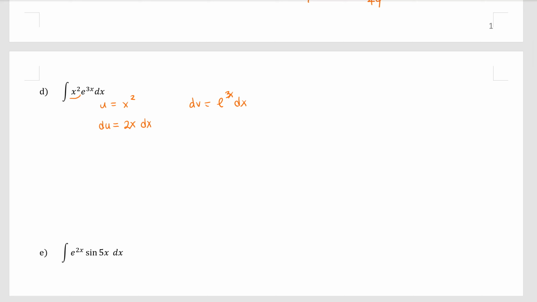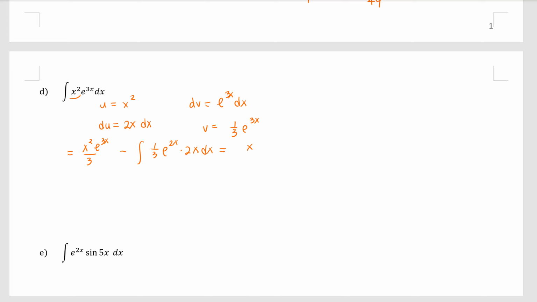The integral of that one is, okay, what is that? It's 1/3 e to the 3x. So far, so good, everybody? So this is uv, so x squared times e to the 3x over 3, uv minus integral of v du, which is 2x dx.